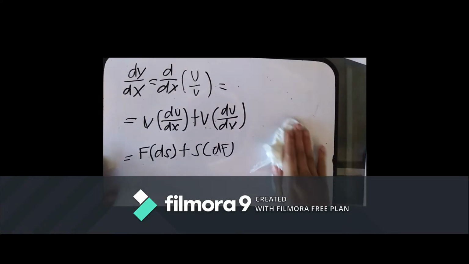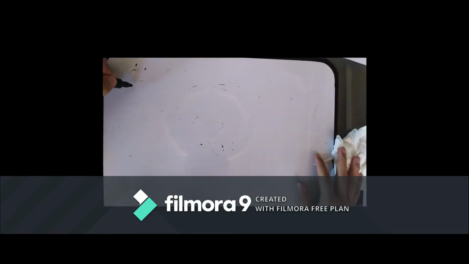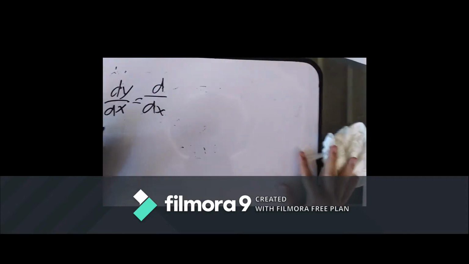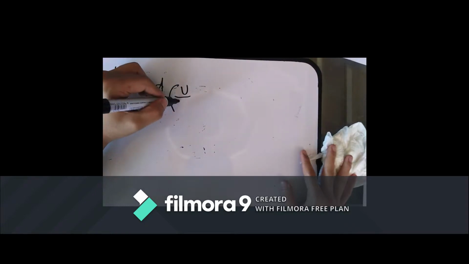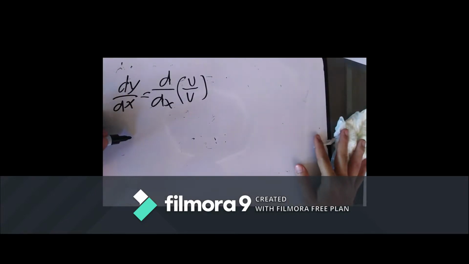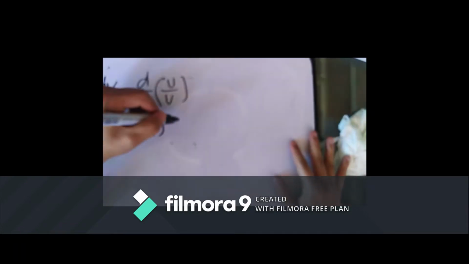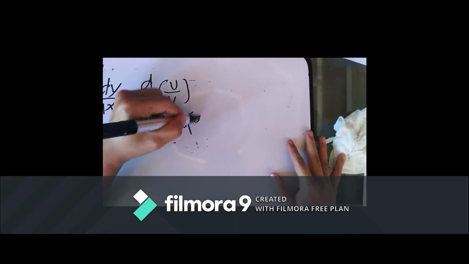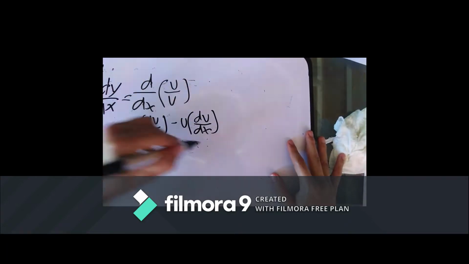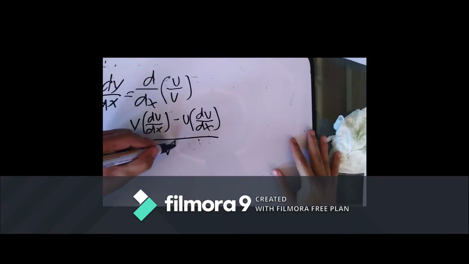And now the fourth rule is the quotient. In the quotient, dy over dx is equal to d over dx times u over v, which is v times du over dx minus u times dv over dx all over v squared.